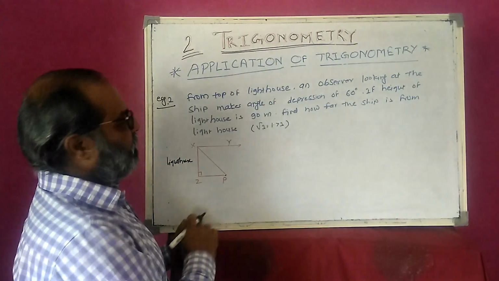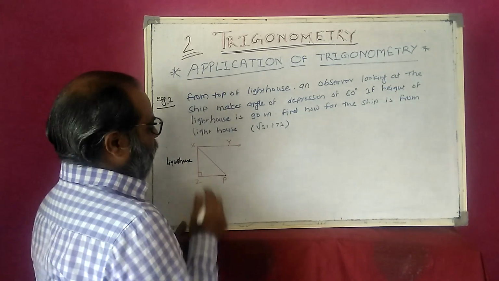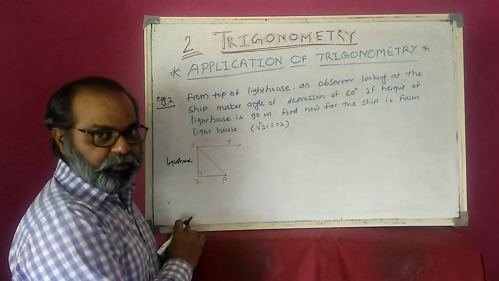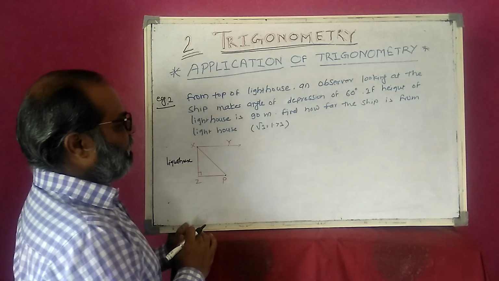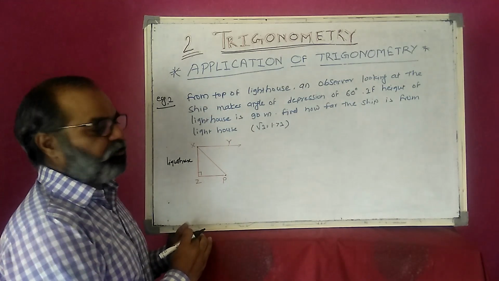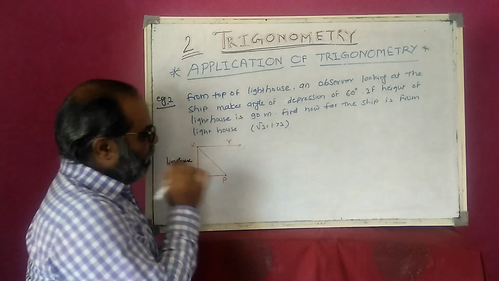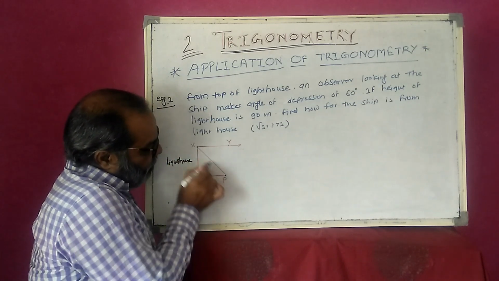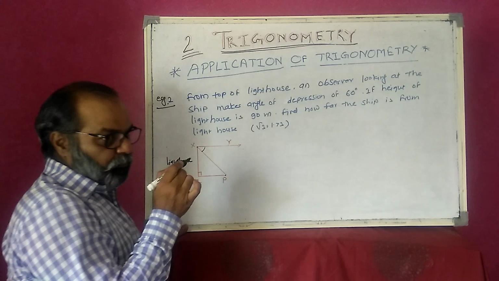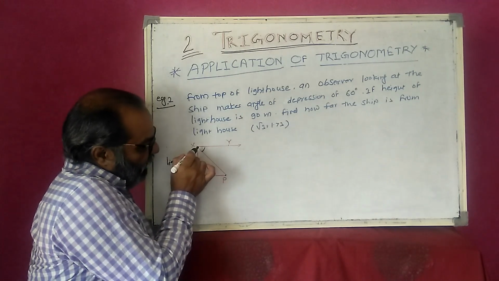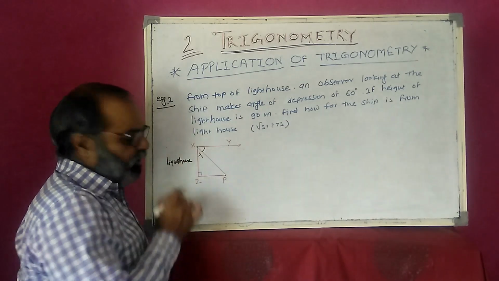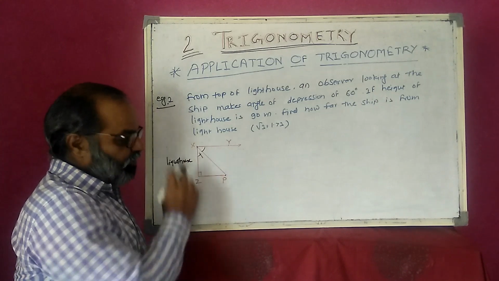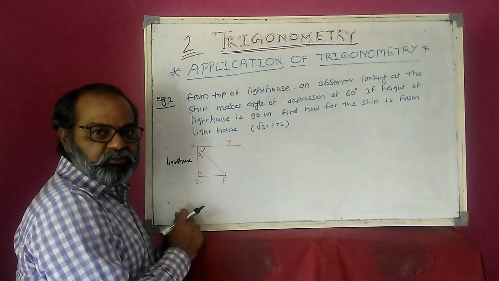I read once more: from the top of the lighthouse, so X is the top of the lighthouse. An observer looking at the ship makes an angle of depression of 60 degrees. Now, X is the observer looking towards the ship. Because this is his eyesight, this is not the angle. This is very important to think about.